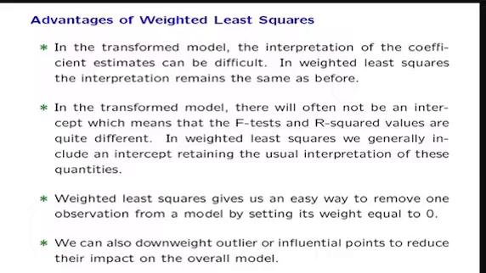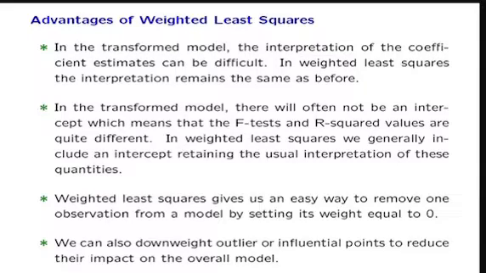That is for the transform. But if we're using the weighted least square, the advantage the weighted least square has is that the interpretation will still stay the same. I told you the other time that we have two ways to face the problem. We could transform, or we could go by way of a weighted least square.